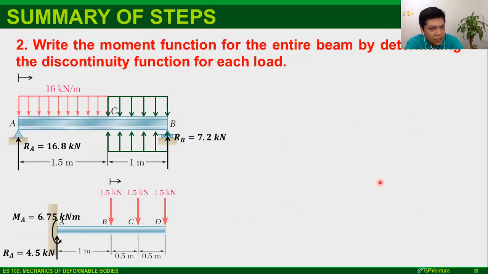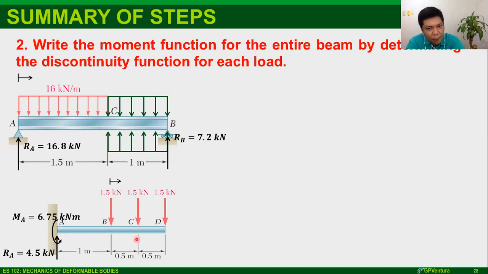We said that the concentrated loads, support reactions, and applied moments found at the end of the beam are not included. So in this case, what's the end of the beam again? It's the right, which is B, sabi natin. So anything found at the right, so meron kang concentrated load na RB, hindi yan kasama sa moment function.